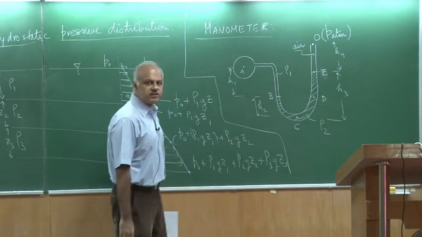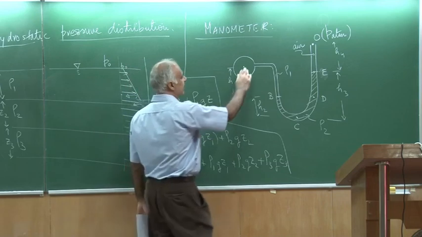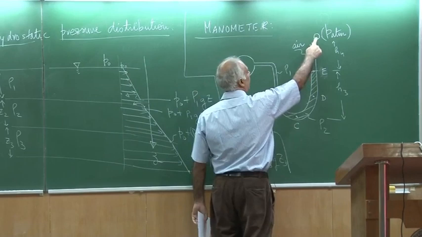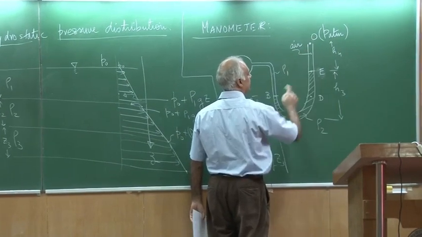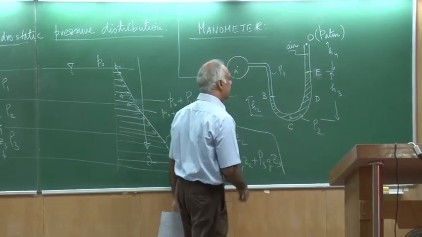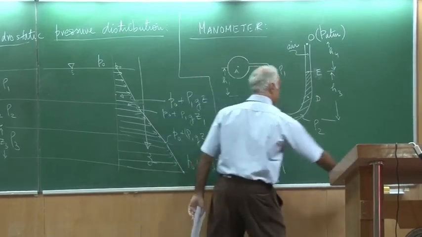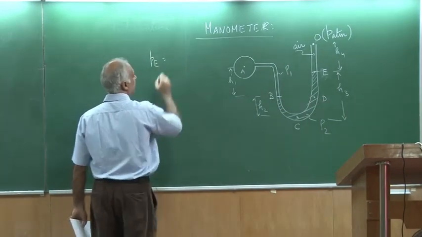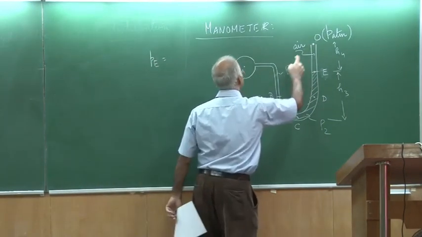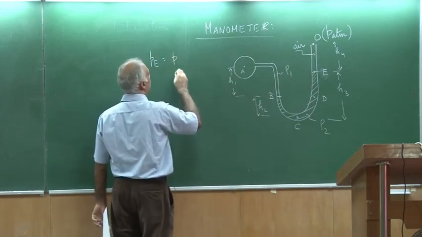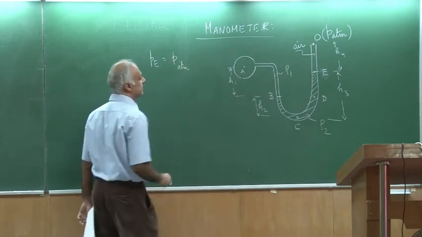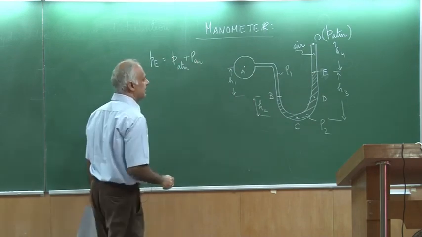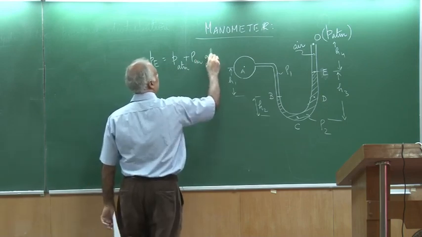Now, we can use the equation of fluid statics and try to relate these different pressures. Let us start from this point. I already know the pressure here, this is atmospheric pressure. So, I could write down the pressure at point E in terms of the pressure at point O, which is the atmospheric pressure, plus rho air times G times H4.